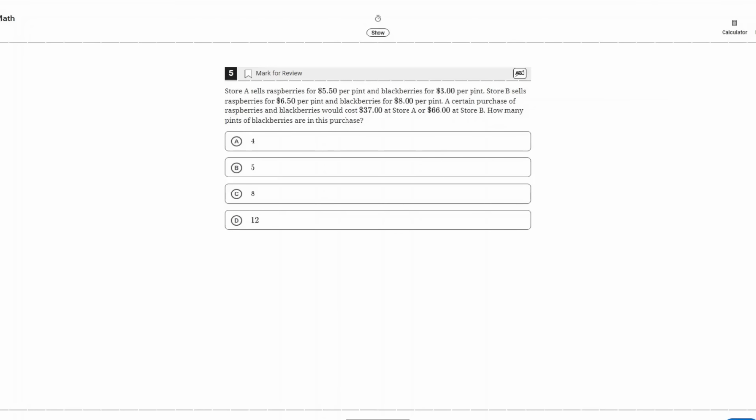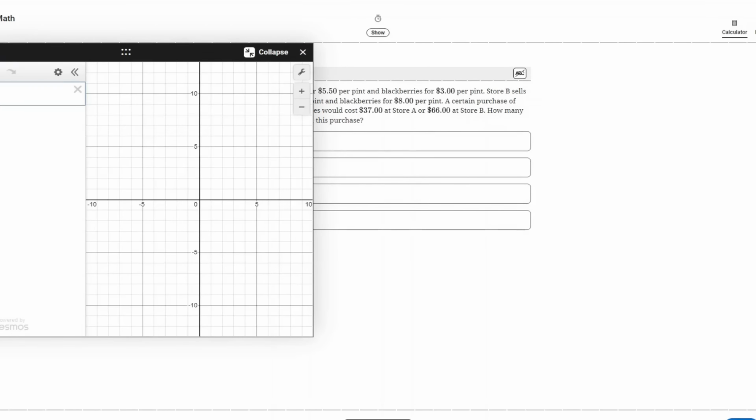So remember, suppose in the purchase the number of pints of raspberries is x, and the number of pints of blackberries is y. Hence, don't we have these equations?